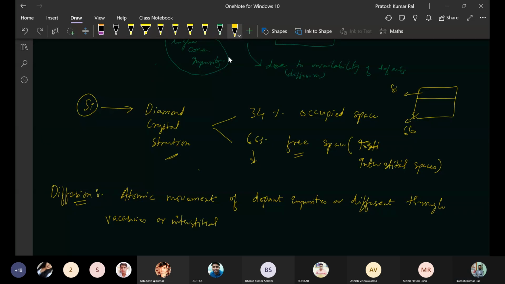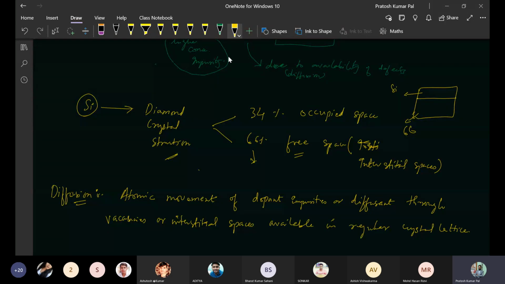The dopant atoms move through these interstitial spaces or vacancies available in the regular crystal lattice, and the movement of dopant impurities or diffusant causes the diffusion process.